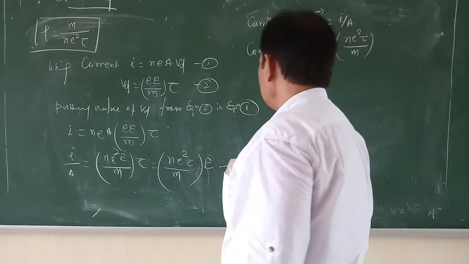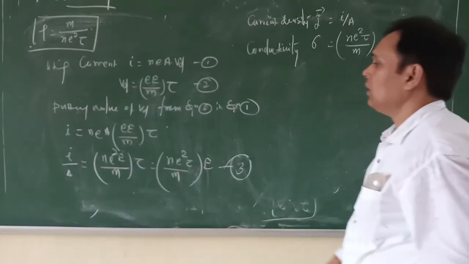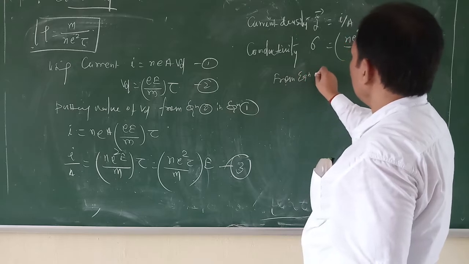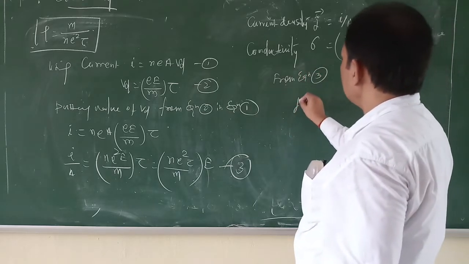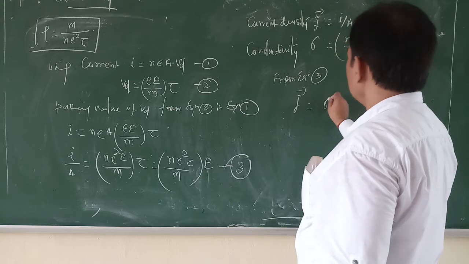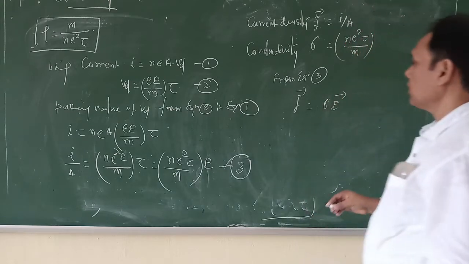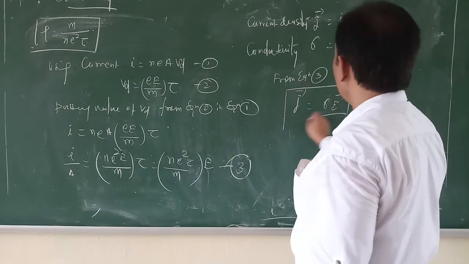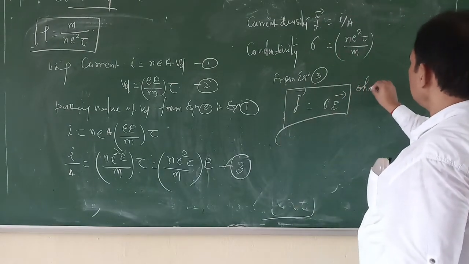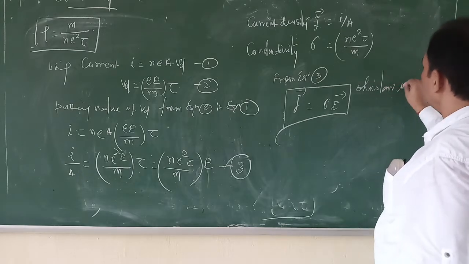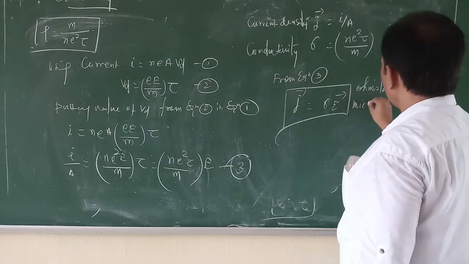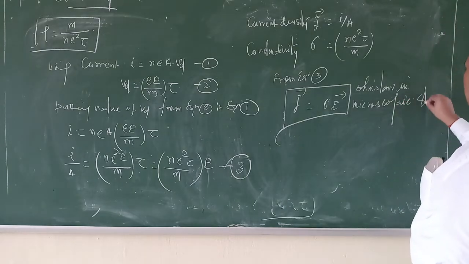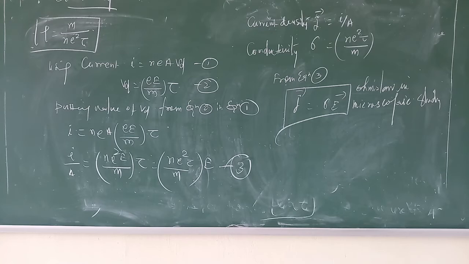So from equation 3 you can write J equal to sigma E. This is Ohm's law in microscopic form.